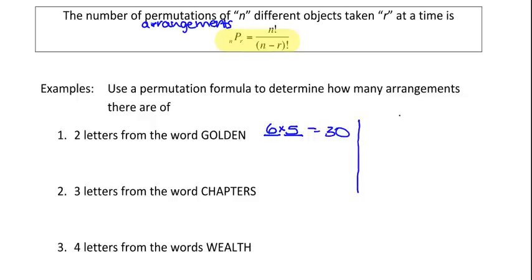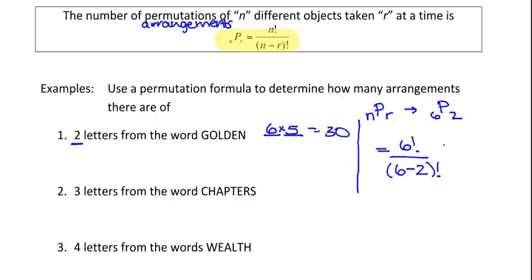Now let's try this using our permutation formula. So nPr, where n is the total number of objects. In this case, we have 6 letters, so 6P. r is how many objects we are taking at a time. In this case, we are taking 2 letters at a time. So we'd have 6P2. If we apply our formula, we have 6 factorial, n factorial, over 6 minus r, which is 2 factorial.